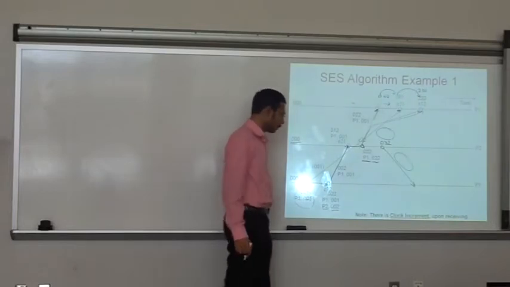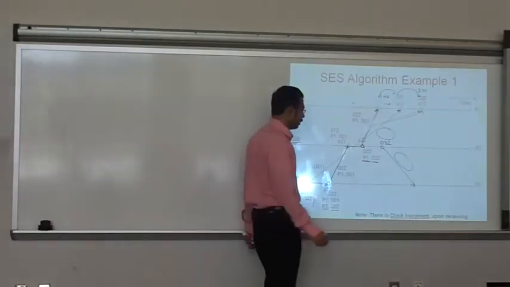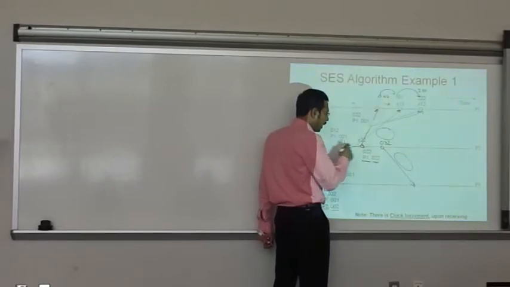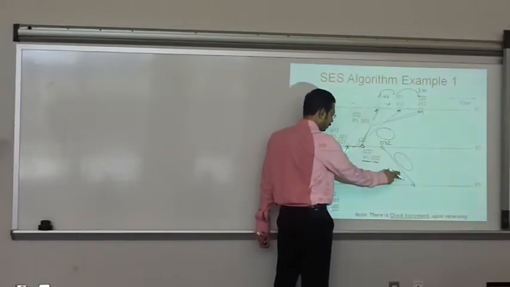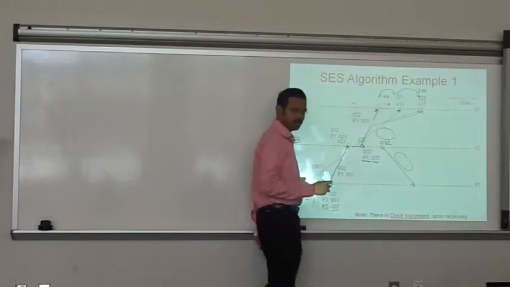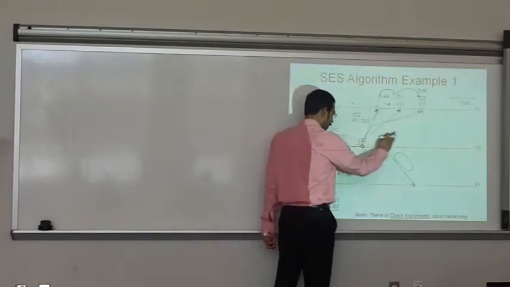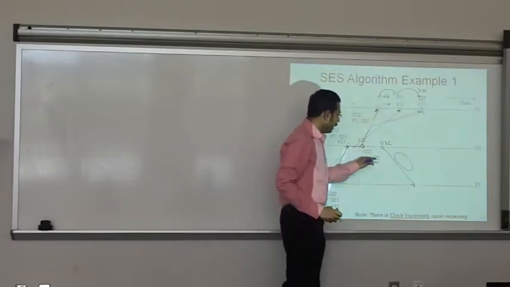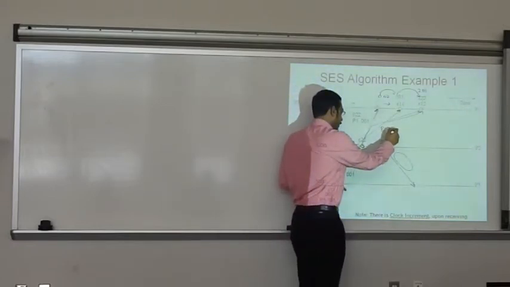P1022 and P1001. Where? Here or here? The message or here local state? The local state. Local state is currently this P1022, right? And so you cannot change that. It has to be still there.